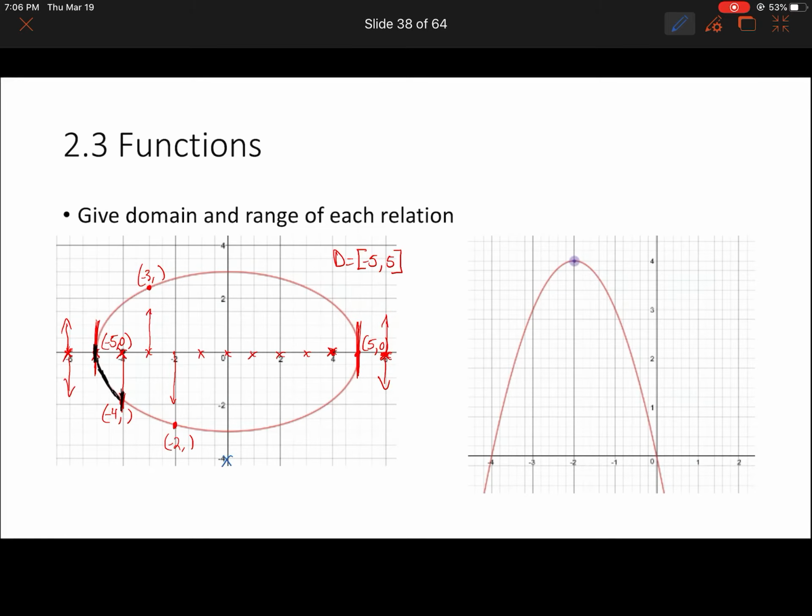Okay. Now, if we think about the range value, we're doing the same thing, but this time we're going from the bottom to the top. So if I were to start at -4, is there a y value of -4? Well, again, if I go right or I go left, I have no point on that graph with a y value of -4. But if I go to -3, well, that point obviously we can see is (0, -3). If I go to -2, well, yeah, I can go to the right. There's a point.